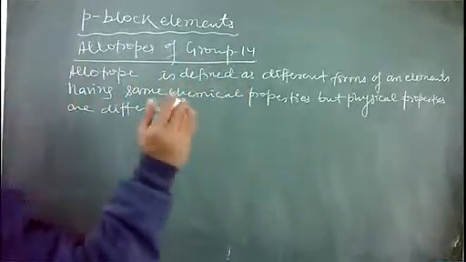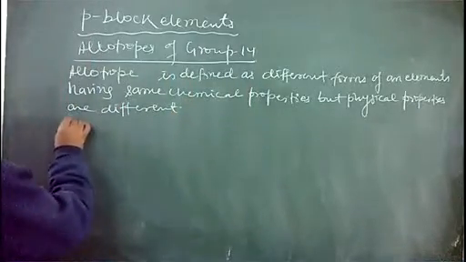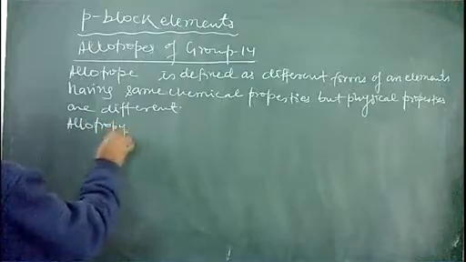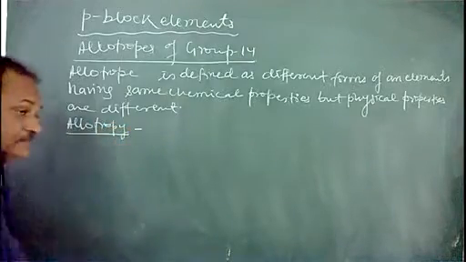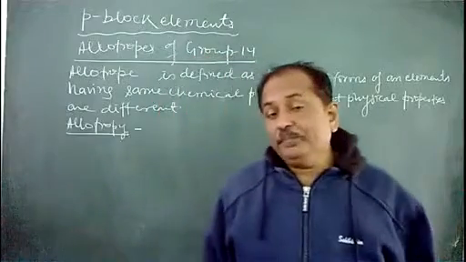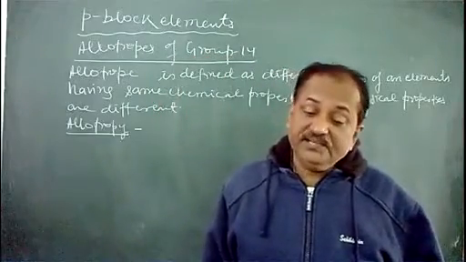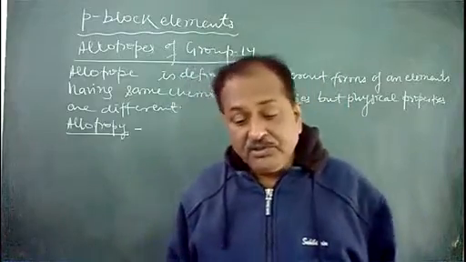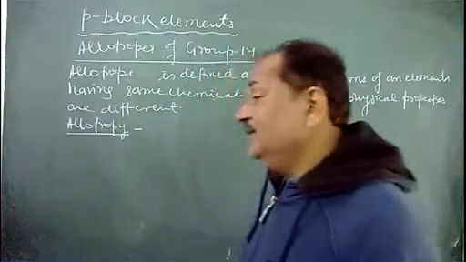We'll see later on. Now the other point I am going to explain is allotropy. So children, allotropy is the tendency, the property of formation of allotropes.